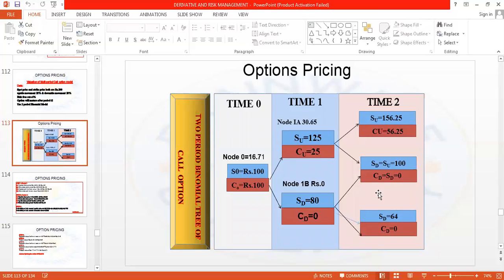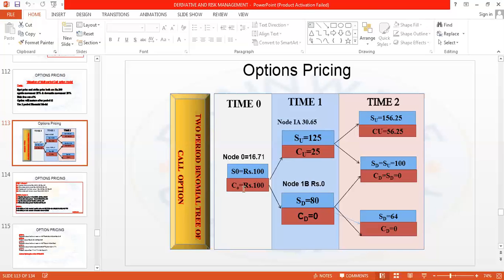And if we take the present value of 0, then also it is 0. That means moving from time 2 to time 1, we observe that the option intrinsic value in upside phase will be rupees 30.65 at the end of time 1 and rupees 0 in downside movement at the end of time 1.